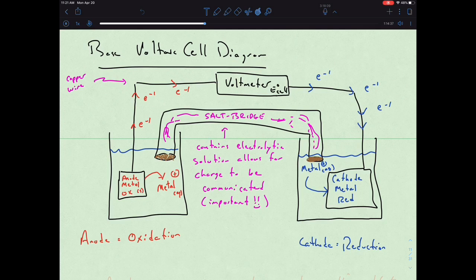So those are the different base components of the voltaic cell. We have our anode, we have our cathode, we have our salt bridge, and we have our voltmeter, right? Everything's connected by wires, and then we have the two solutions.